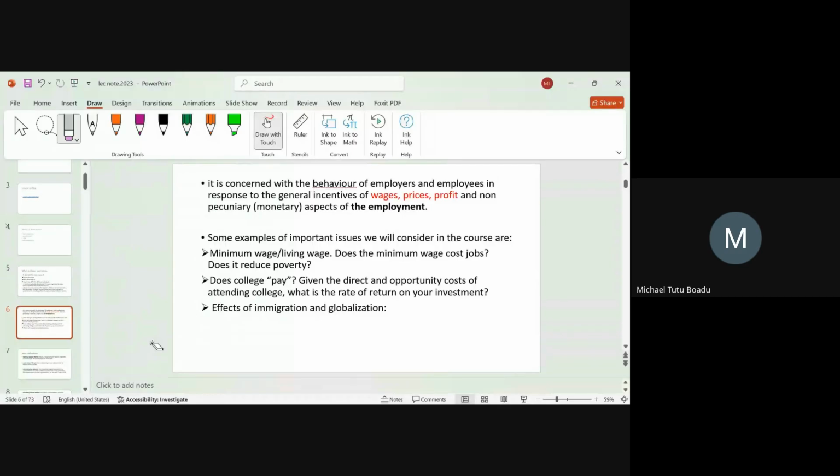In 2018, the minimum wage increased to 9 cedis 68 pesewas, and the level of extreme poverty also increased to 6,583. In 2019, the level of poverty fell drastically to 6,002.